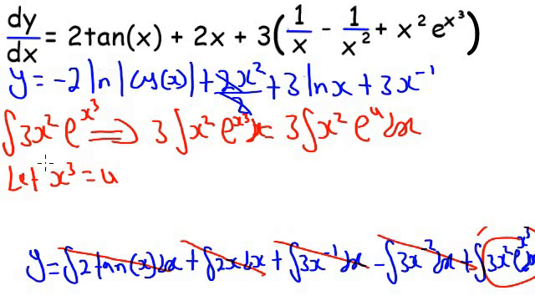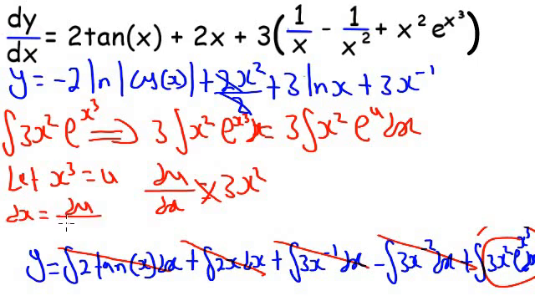So let's try to differentiate this function. What is du over dx? So this will definitely be 3x squared. And if I solve for dx by cross multiplying, then we will have dx equal to du over 3x squared. Now, what we are going to do is to replace the dx with du over 3x squared. So let's do that.